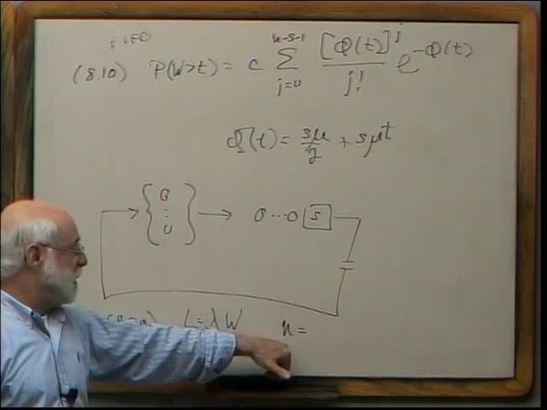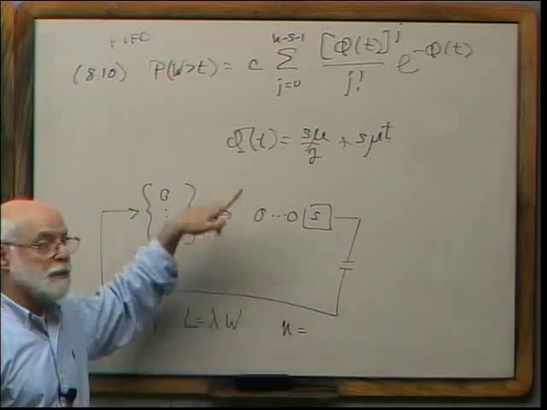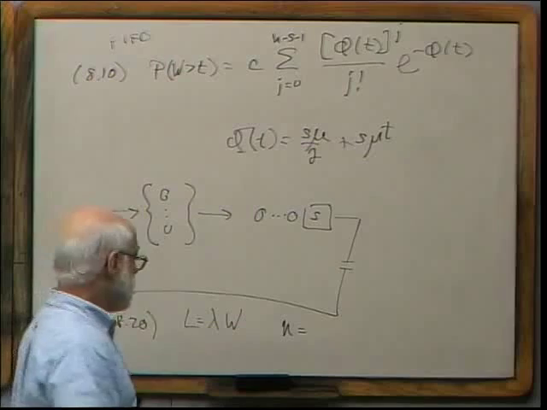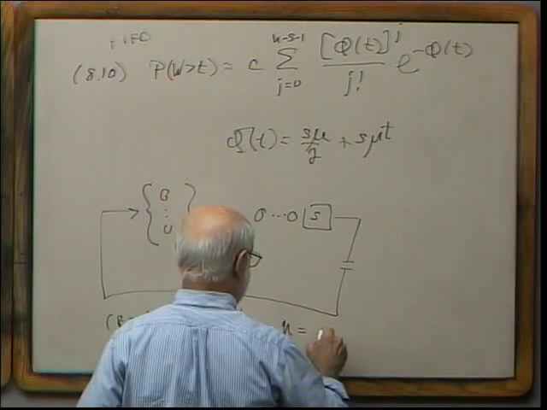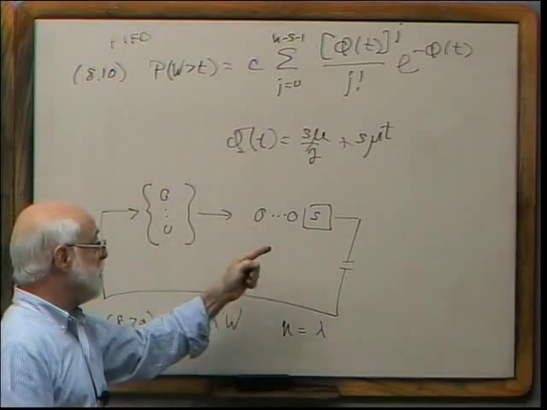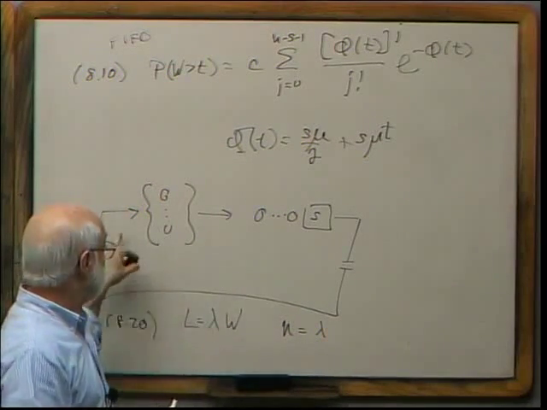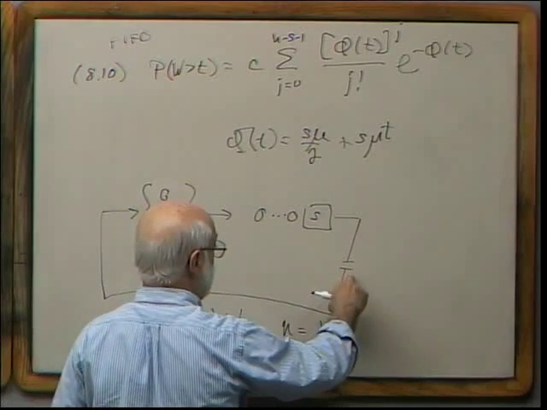So however many sources there are, that's the average number in the system. That's equal to the rate at which they enter the system, which is lambda, which is also the throughput, times the length of time it takes them from the time that they enter until the time that they leave. In other words, the time it takes to go from there around to there.